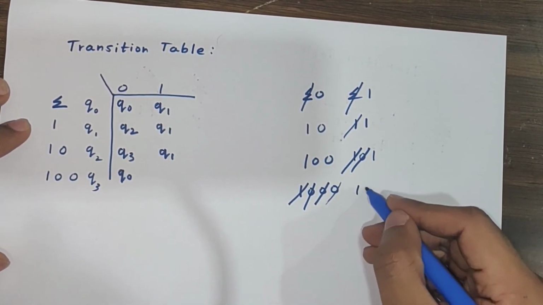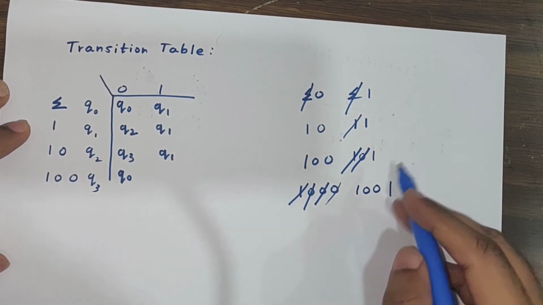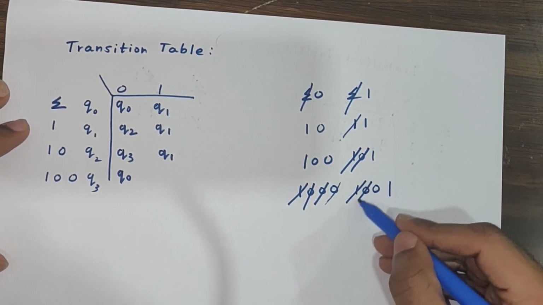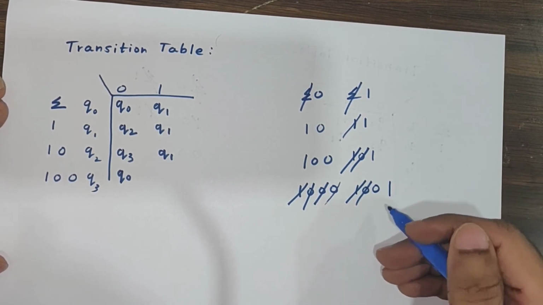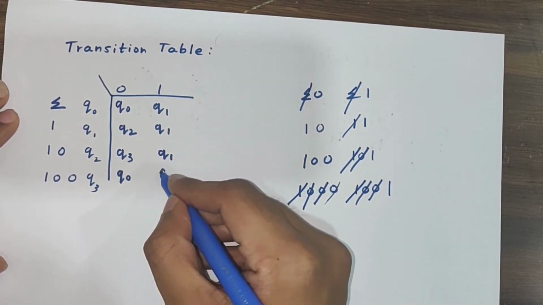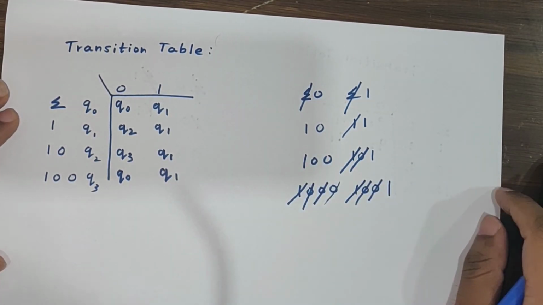Now take 1001. It's not there, so strike off 1, 001 is also not there, strike off 0, 01 is also not there, so strike 0, and 1 is there in Q1. Now we have successfully constructed the transition table.